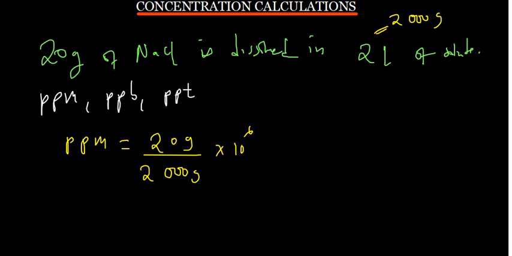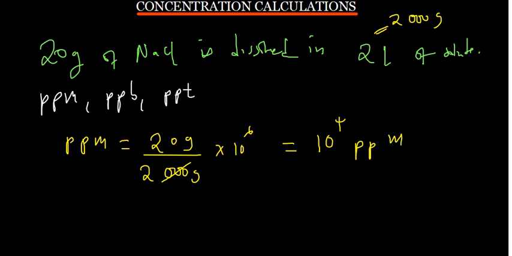So 3 zeros here are going to cancel with these 3 zeros. So we're going to remain with 3 zeros there. These two go into that 2, alright? So we're going to have 10 multiplied by 1000. So therefore the answer there is 10 multiplied by 1000. That is just 10 to the power 4 parts per million.